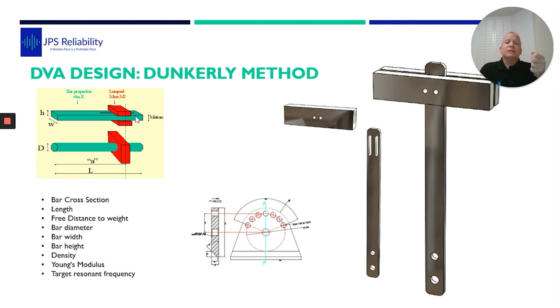So you think of the opera singer and the glass, she hits a certain frequency, that glass resonates and explodes. So this design we came up with, that was going to be the mounting plate to go on the lifting lug.